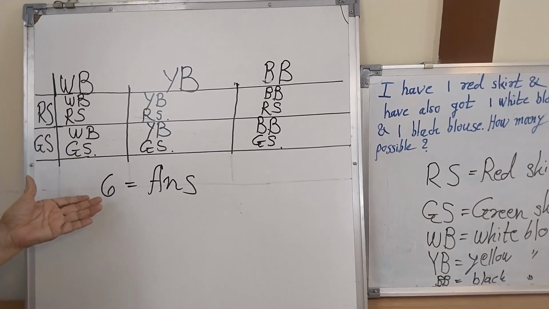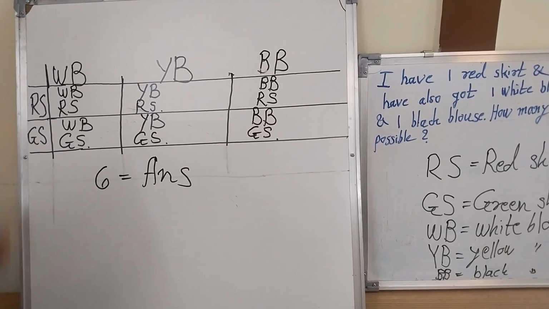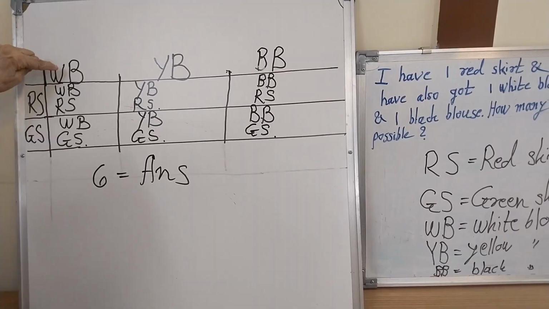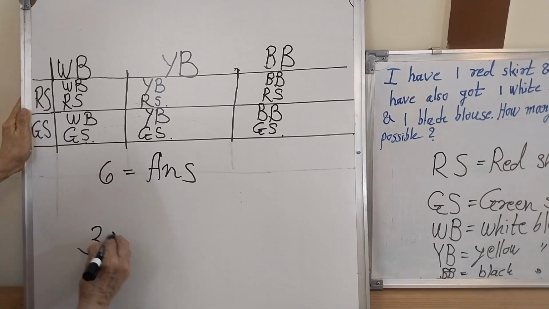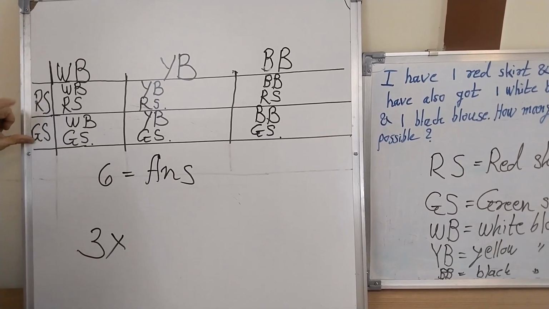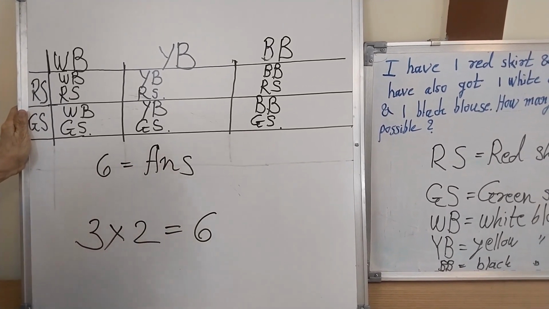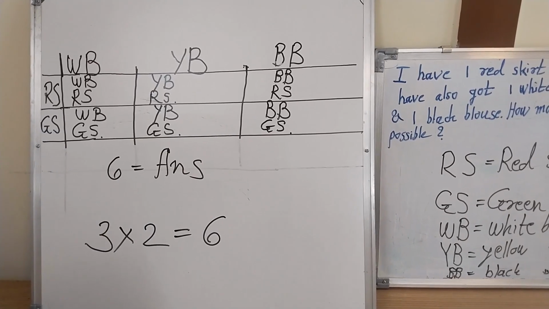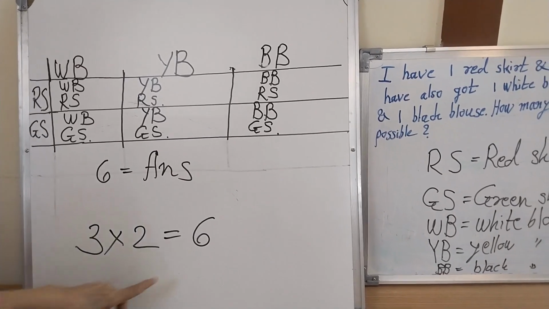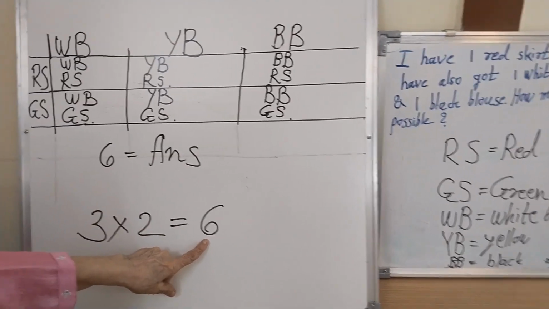But the same answer we can obtain in a jiffy, means in 1 second. There are 3 blouses, 1, 2, 3. So 3 into 2 types of skirts, 2, also gives us 6. And hence, when fill in the gaps types of questions are asked, you can directly write like this: 6 is the answer.